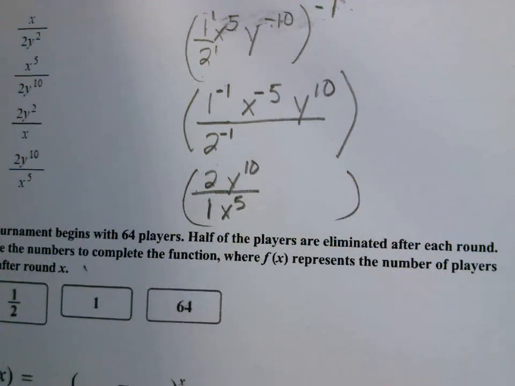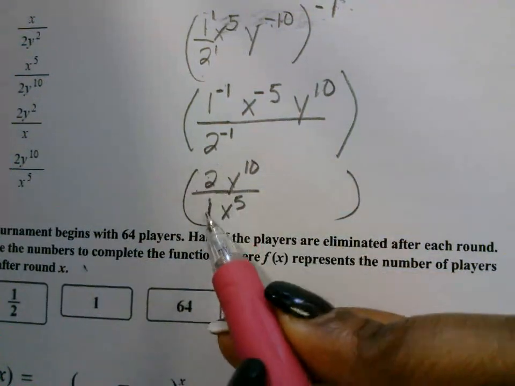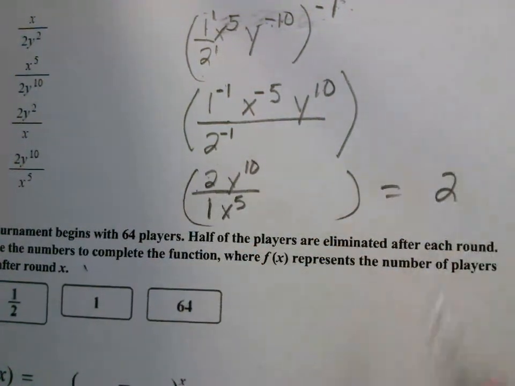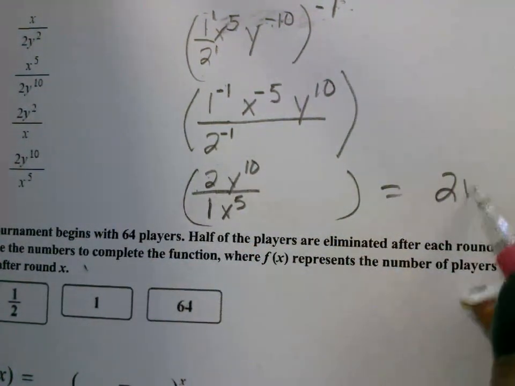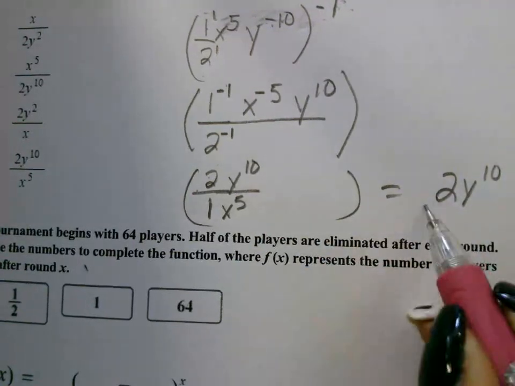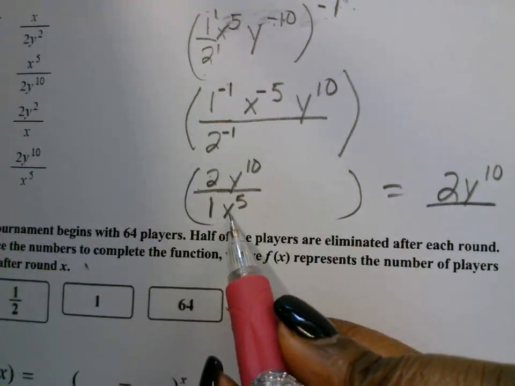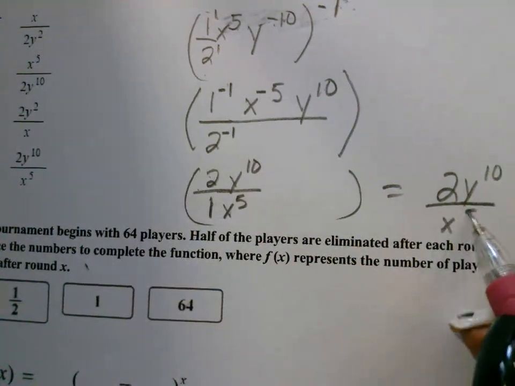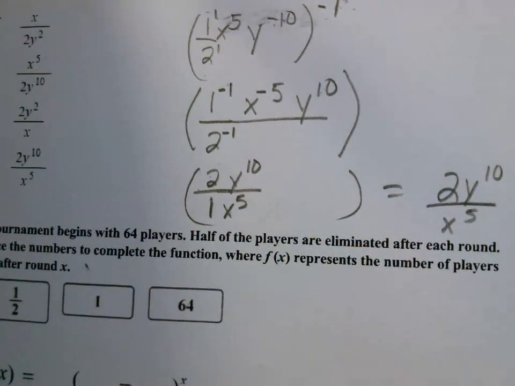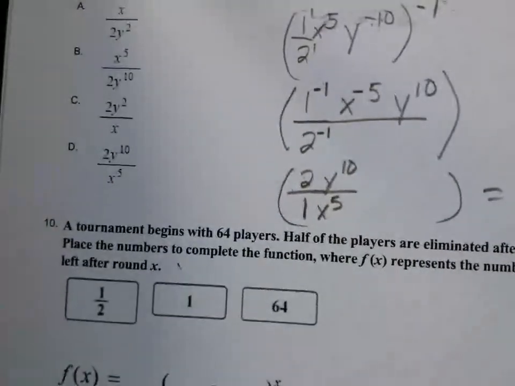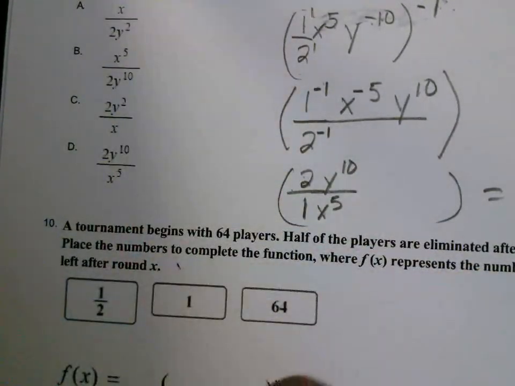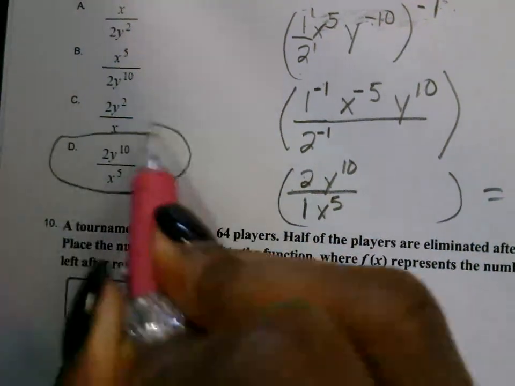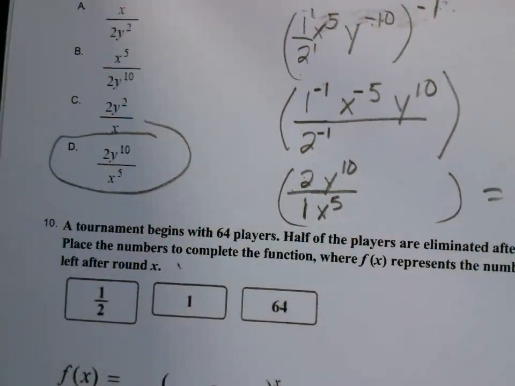So now what I have, 2 divided by 1, that's going to give me 2. We got y to the 10th. On the bottom, we got 1, which we don't have to put in front of. It's automatically a 1 in front of that x. So we have x to the 5th. Which answer choice is that? D. Okay, and pause for the calls.